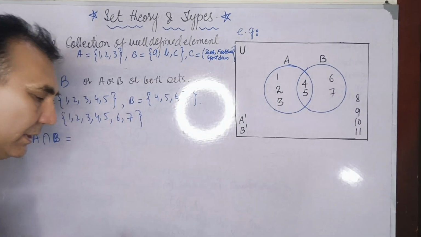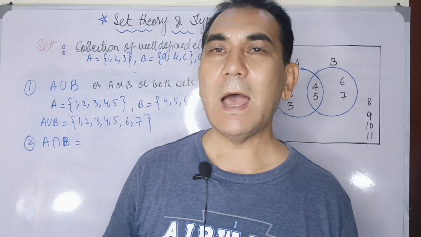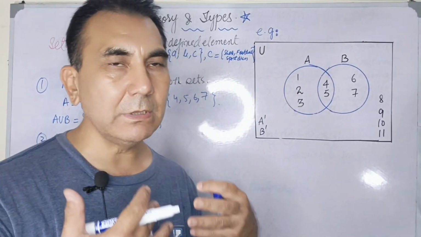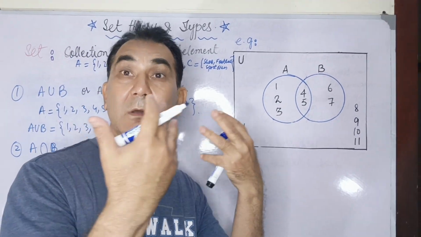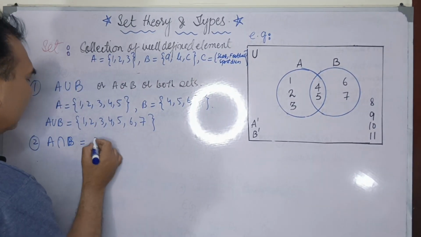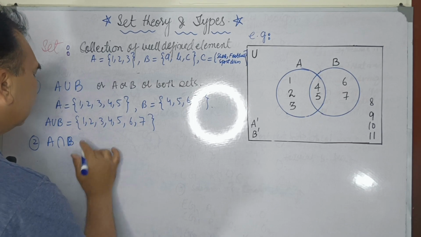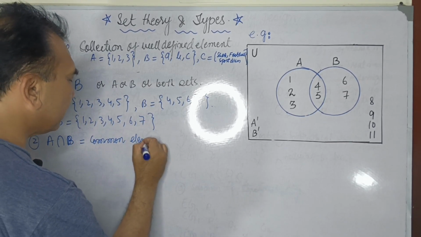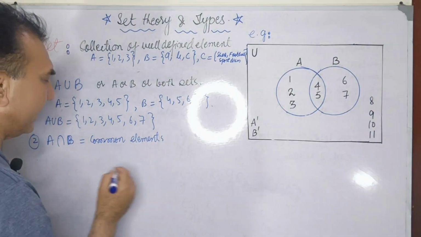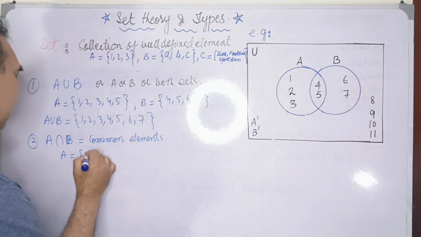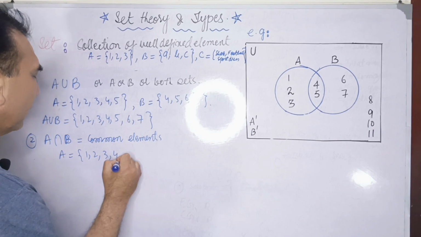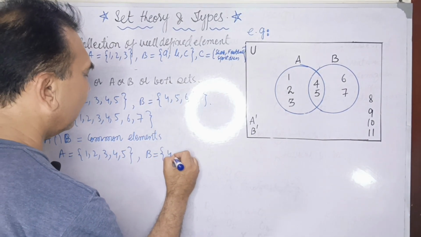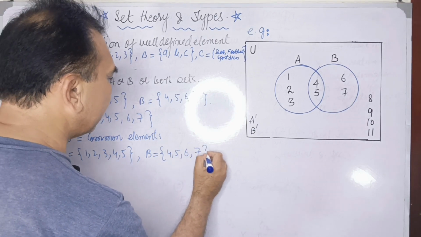It means the common elements which are present between both sets, or between three sets, or maybe four sets. We write the common elements present inside both sets. Set A is 1 2 3 4 5, and set B is 4 5 6 and 7.